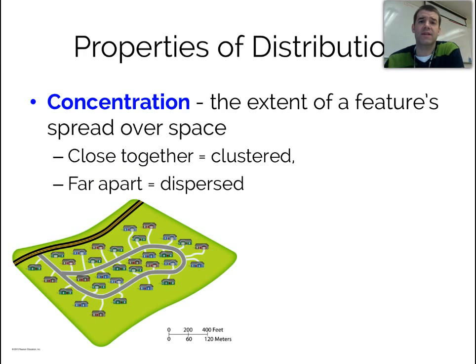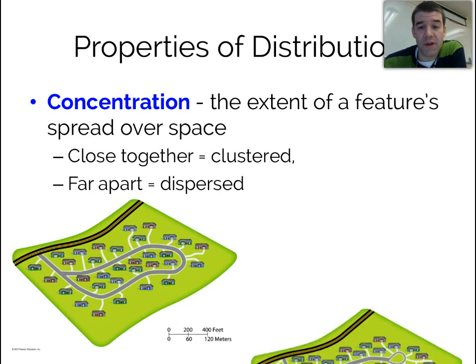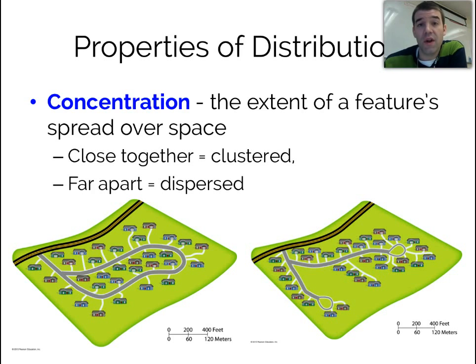When we look at the next example, concentration, we're seeing how they are distributed. Taking the second example from the previous slide and looking at whether they're clustered or dispersed, it might be difficult to tell from just one image, but if we compare it to another example, where if you count the homes there's the same number of homes represented, the density is the same, however, the concentrations are different.